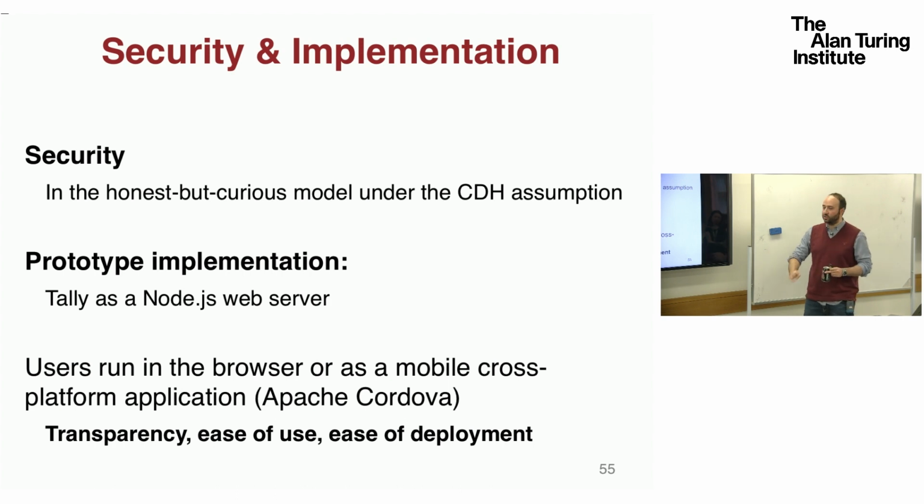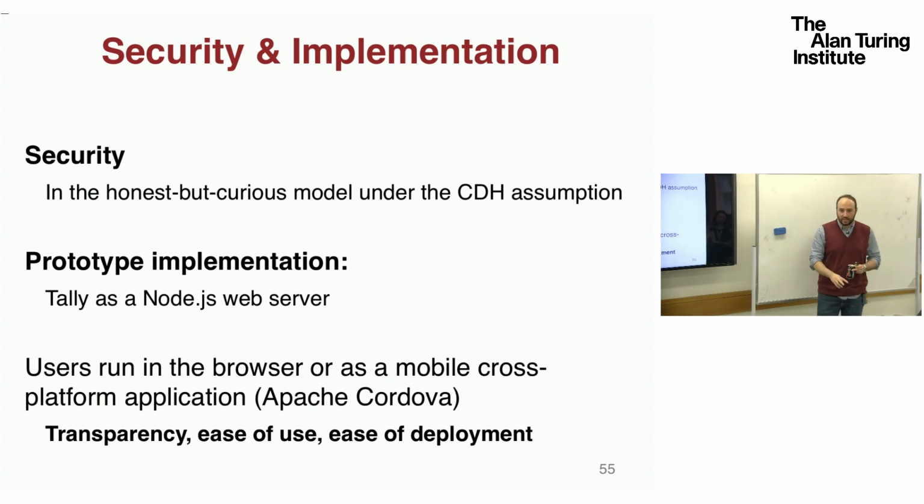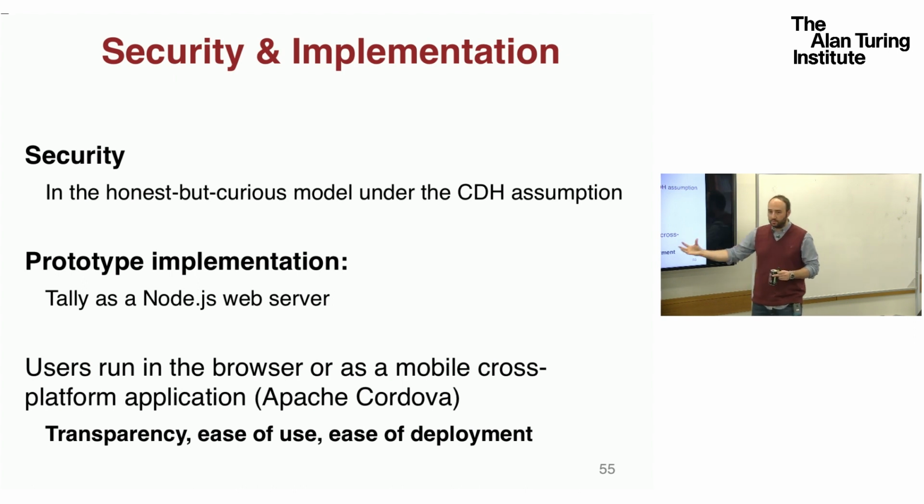So there is no need to install browser extensions to generate keys, to do encryptions, and involve users in complicated privacy or crypto operations. Everything is done in a transparent way. And we have implementations that you're welcome to use, both in browser and in mobile.